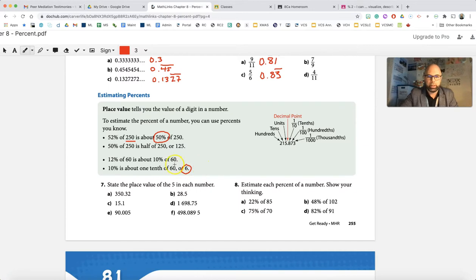And then if 10% is 6, then 1% is 0.6. We're going to move that decimal over 1. So I know that 12% would be 7.2. The key here is to go from 12% to a familiar percent.